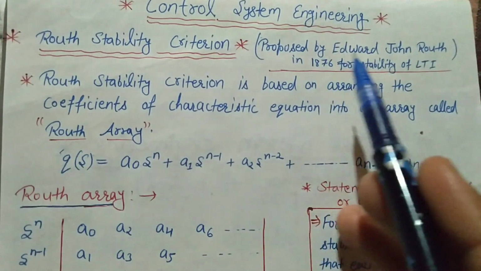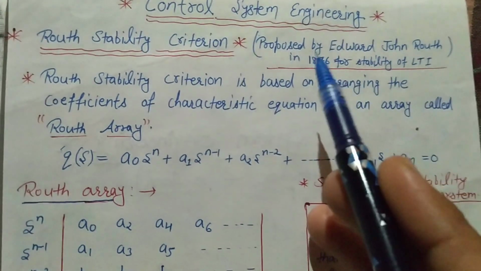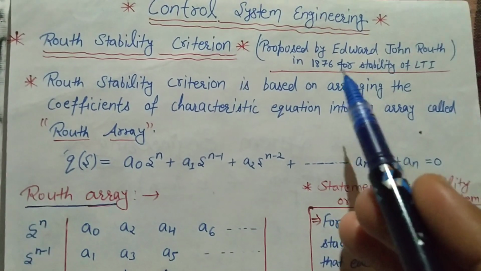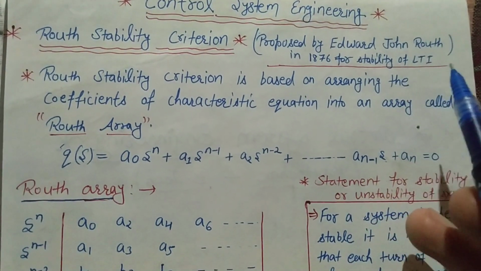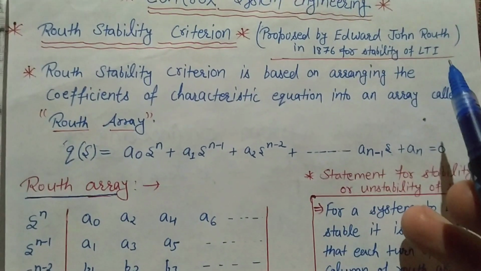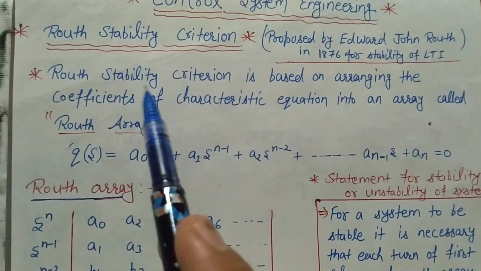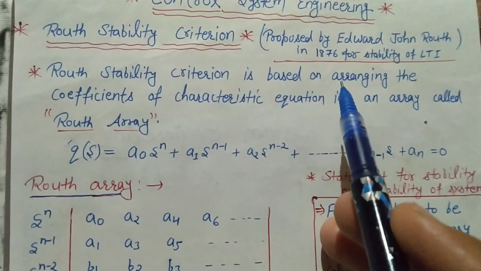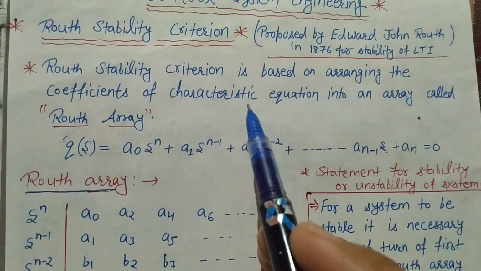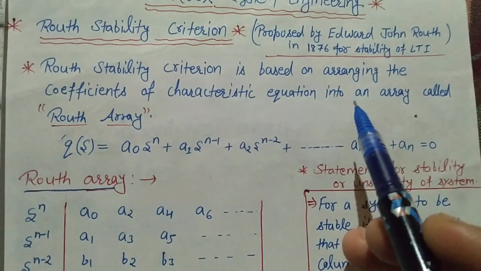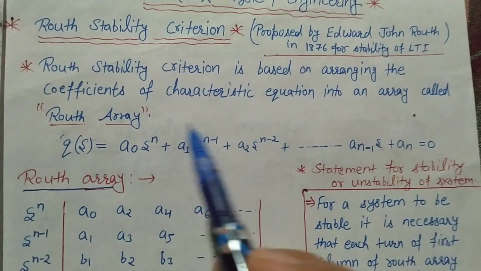It was proposed by Edward John Routh in 1876 for stability of linear time invariant systems in control systems. Routh stability criterion is based on arranging the coefficients of the characteristic equation into an array called the Routh array.